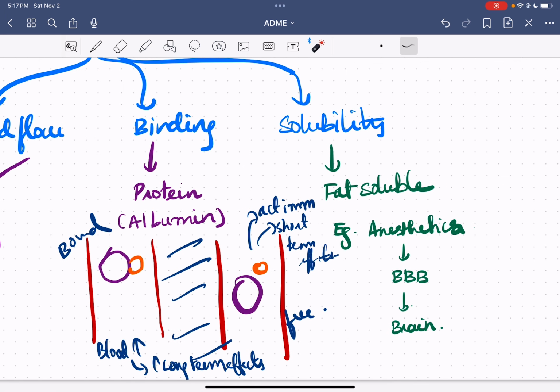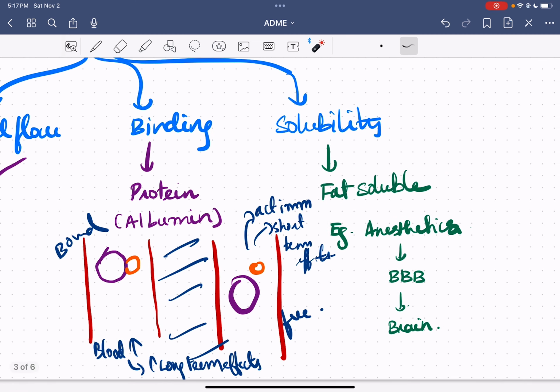Now what about the solubility part? There are drugs that are fat soluble. You know the cell membrane is made up of a phospholipid bilayer, right? So it is easy for fat soluble lipid drugs, the drugs that are coated by fat, to enter the cell or cross barriers easily. One classic example is anesthetics.